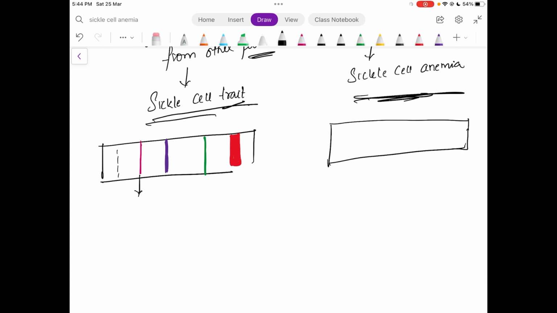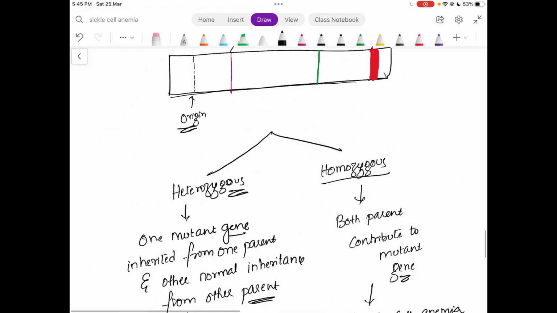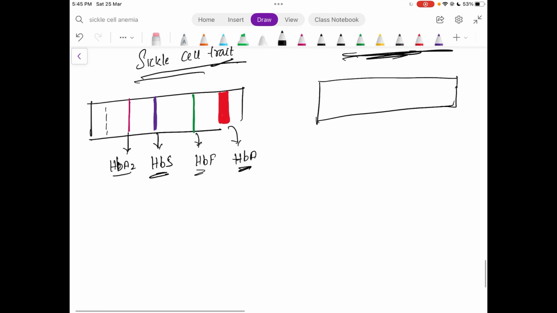So this is HbA2, this is HbS, this is HbF, and this is HbA. That means a sickle cell trait patient will have adult hemoglobin also. Along with the sickle cell hemoglobin, adult hemoglobin is also present.